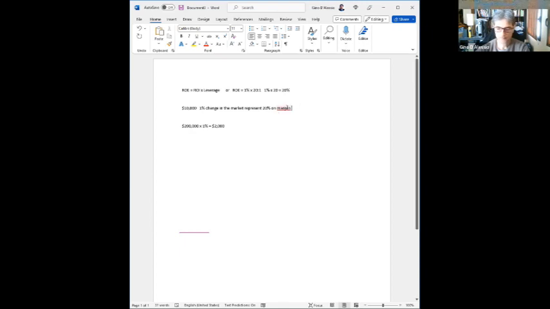So the return on the equity. The equity is another word for the margin, the actual amount you have on your margin account, on your trading account, which was 10,000.